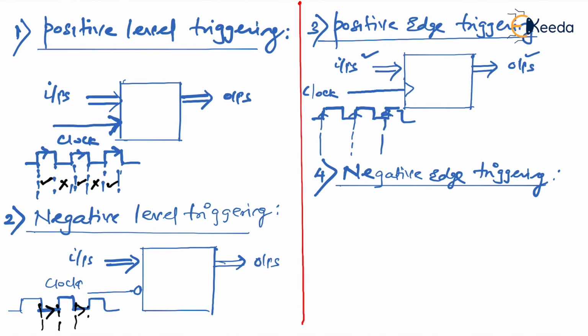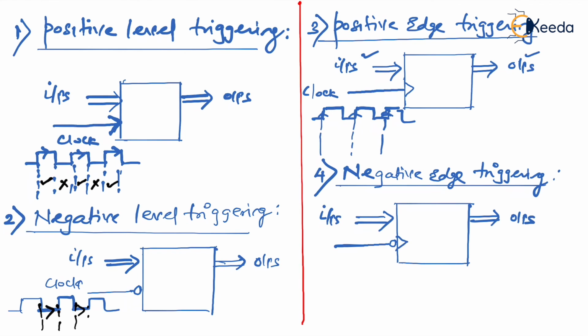Again I have some device here which has a set of inputs and a set of outputs. I am sure you must have guessed that this time the timing reference will have a bubble along with the arrowhead inside the device, and this indicates it is a negative edge triggered device.